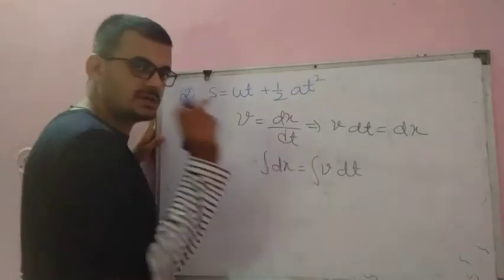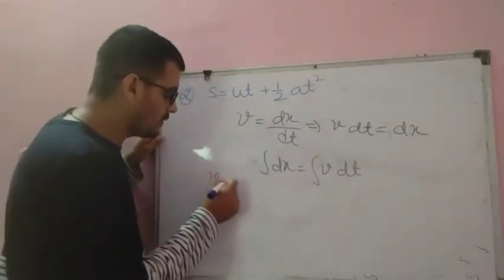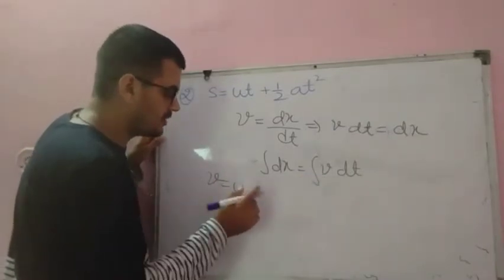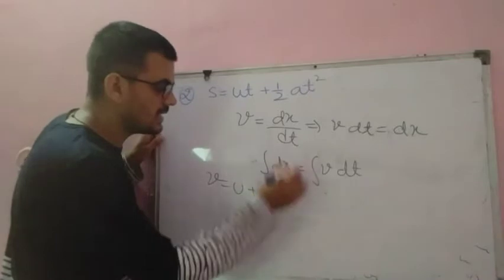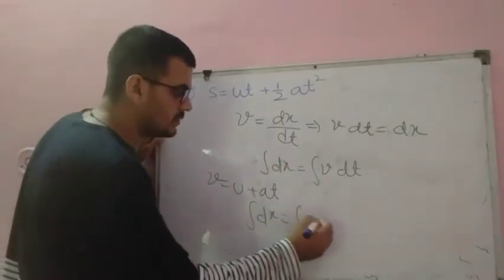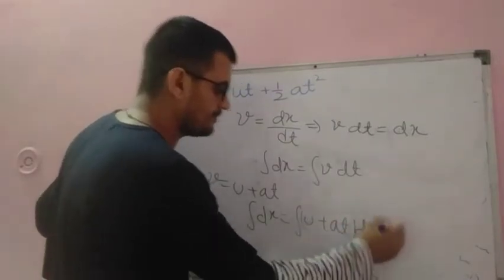So student, actually there is a little mistake here. Put v equal to u plus at in the place of v. So dx equal to (u plus at) into dt.